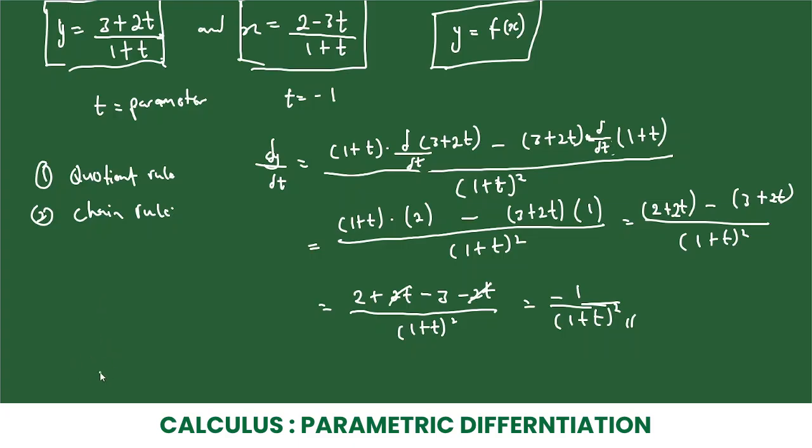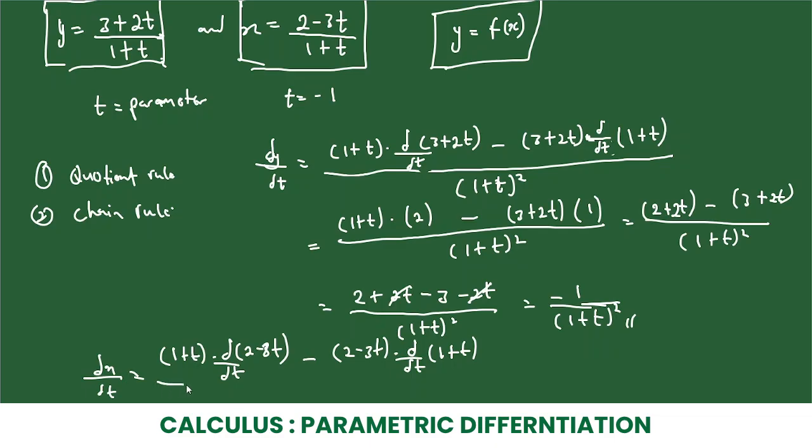So we are going to have dx over dt to be equal to, so you maintain the denominator 1 plus t, right, then the derivative of the numerator with respect to t, minus, then you maintain your numerator times the derivative of the denominator, right, all divided by the denominator squared, right.